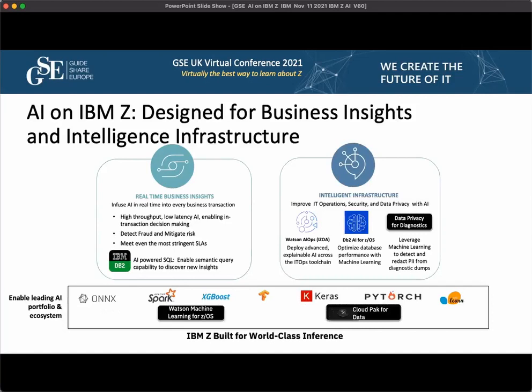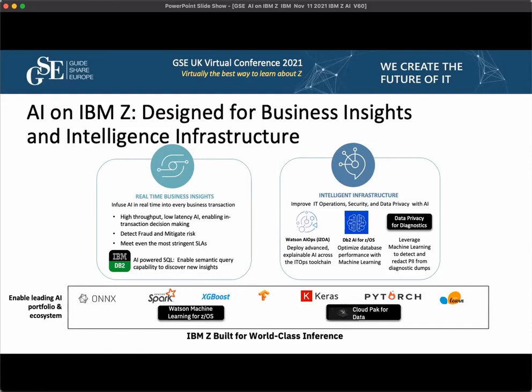So having talked about the value of AI, now I wanted to talk about AI and Z, and focus more broadly on our AI and Z strategy. We're focusing our strategy on two key pillars.